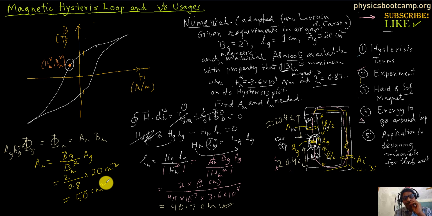That's like a 7 centimeter by 7 centimeter square approximately. So this is pretty thick, and it's going to weigh quite a bit. All right, so these are large magnets in this example.